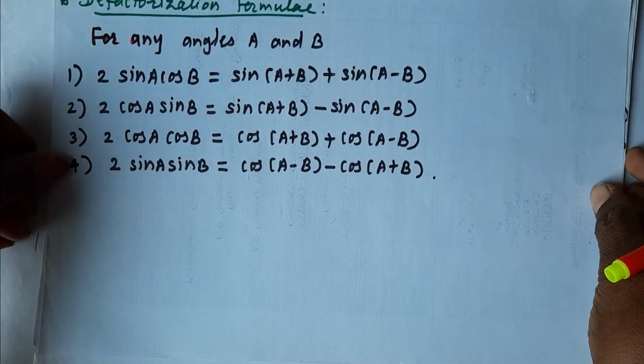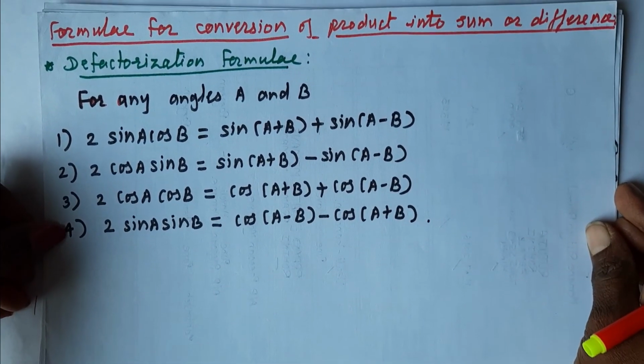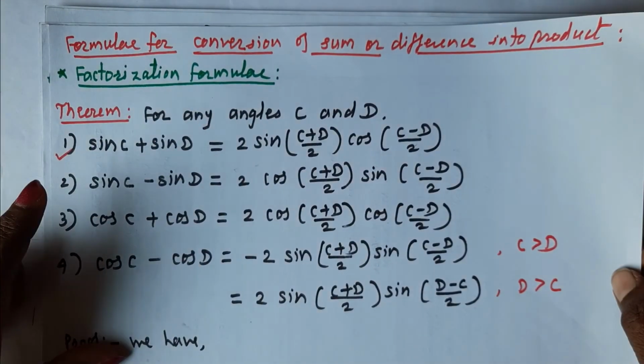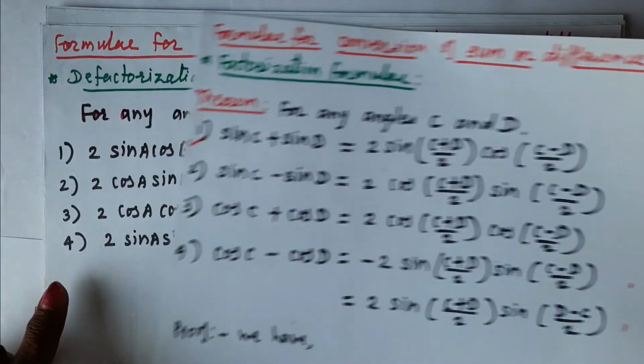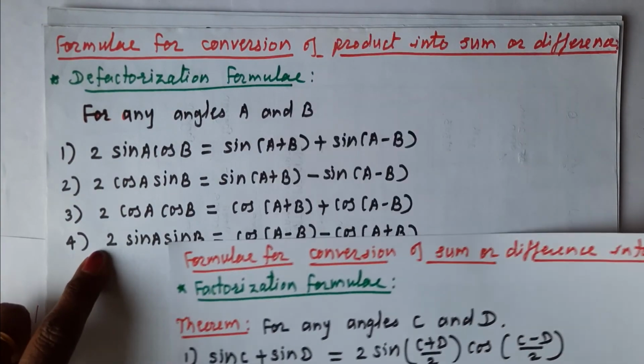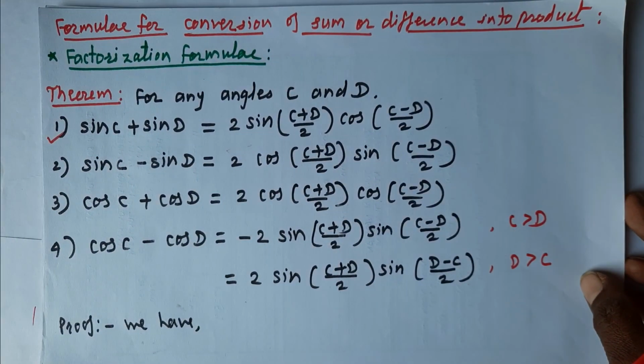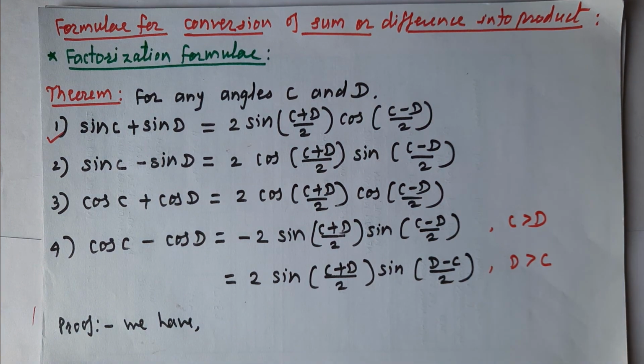In this way, there is no need to derive the proof of defactorization formulae, because we have already got the proof in the proof of factorization formulae. If we remember these 4 factorization formulae and these 4 defactorization formulae, then it is very easy to solve the problems based on them. Our exercise 3.4 is based on factorization and defactorization formulae.